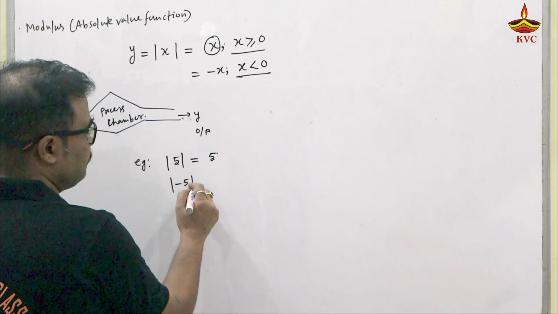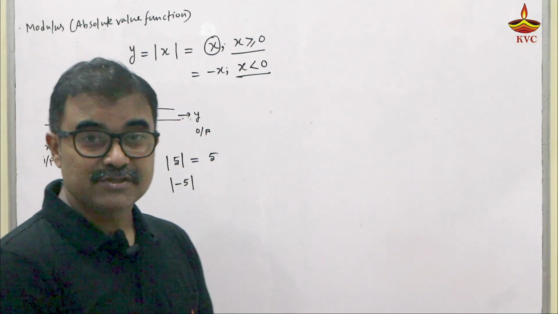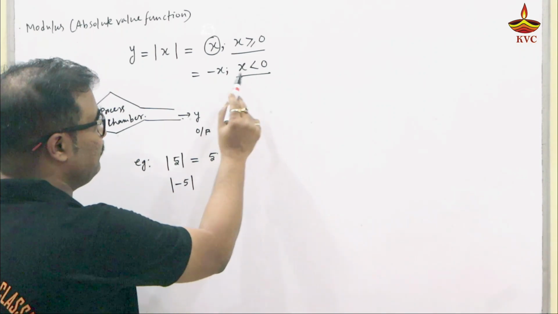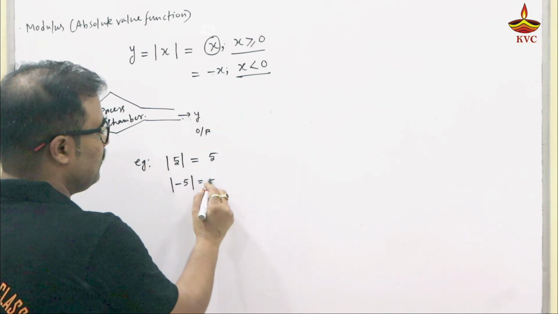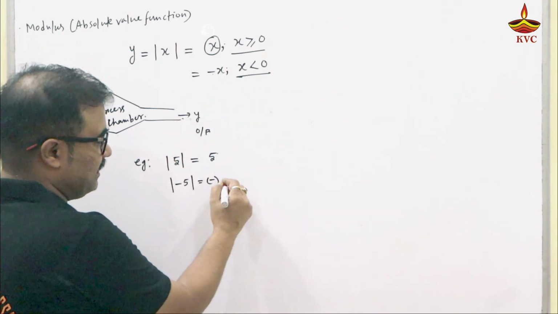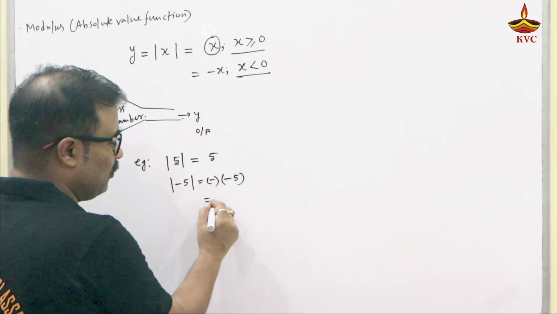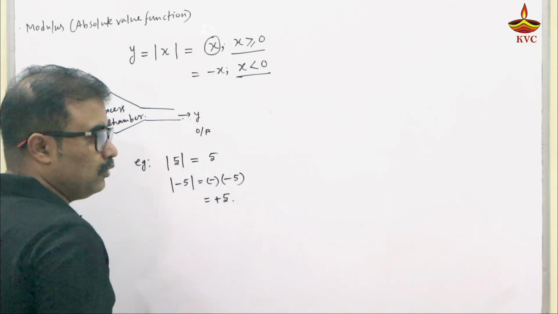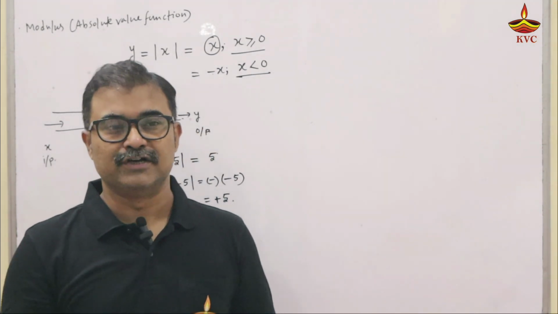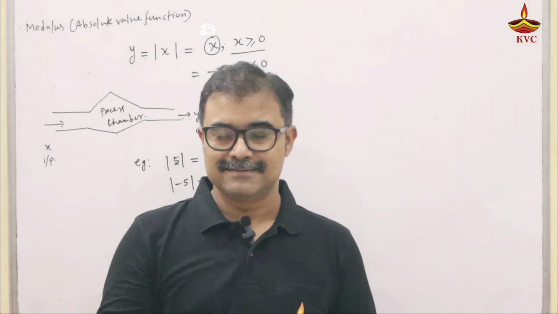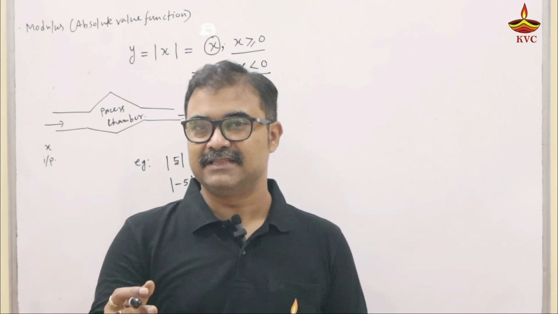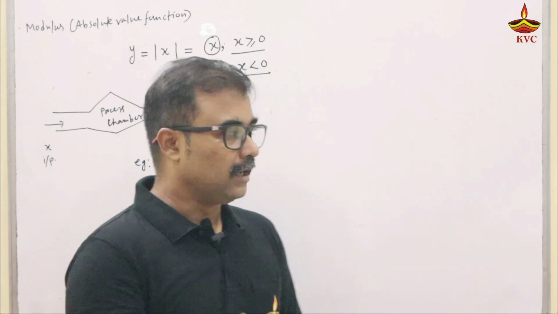For mod of minus 5, now x equals minus 5. That is negative, so whenever it is negative, there is a minus sign accompanied with the value of x. So what is x? Minus 5. That's how modulus operates. That means the modulus or absolute value function always gives a positive output. Whatever the input, it will give you a positive output under this condition.